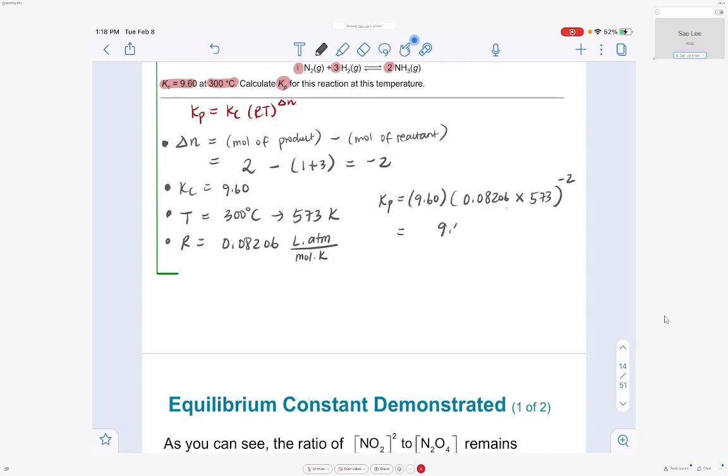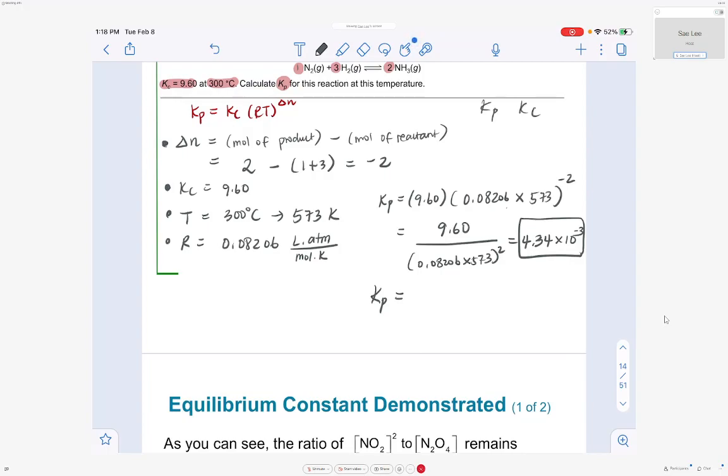This is 9.60 divided by the quantity. By definition, the rate constant is reported without the unit, so we're not going to worry about the unit when we work with Kp or Kc.